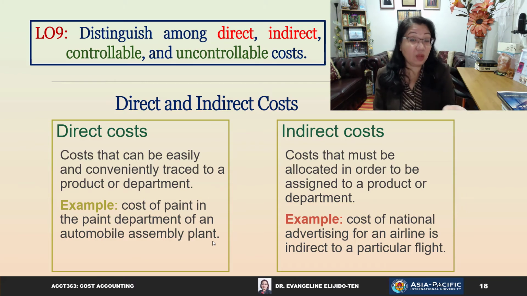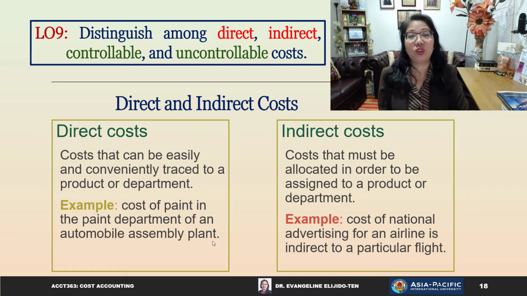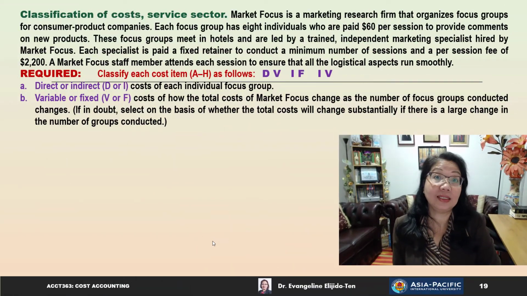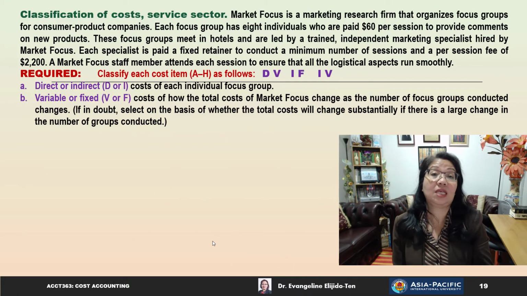So what do we do with the manufacturing overhead cost? Since it cannot be traced to the cost object, it needs to be allocated. And we'll learn more about allocating costs in the next few topics to come. But for now, what we're going to do is to have an exercise on cost classification.